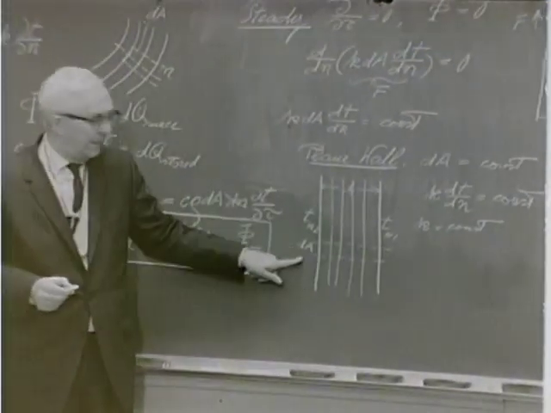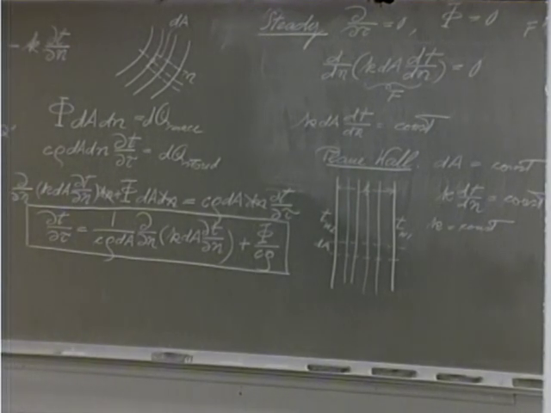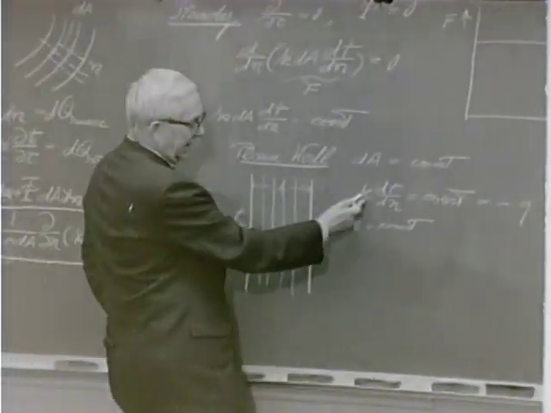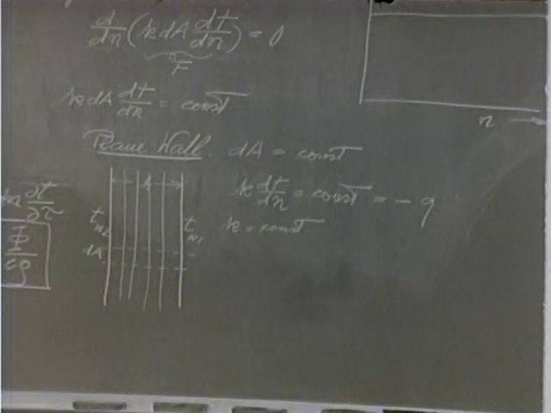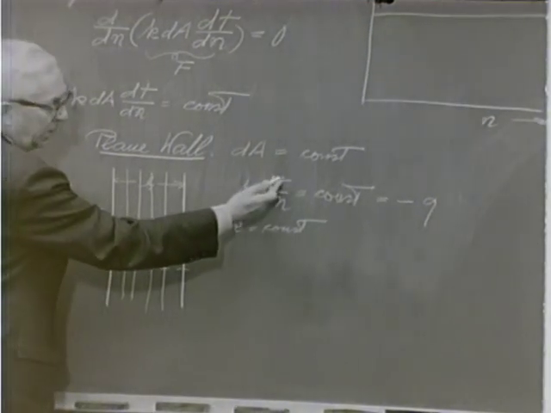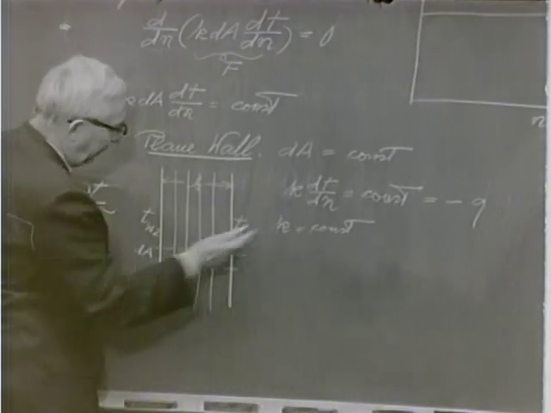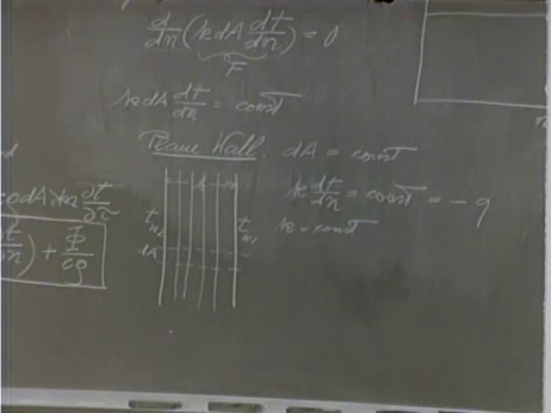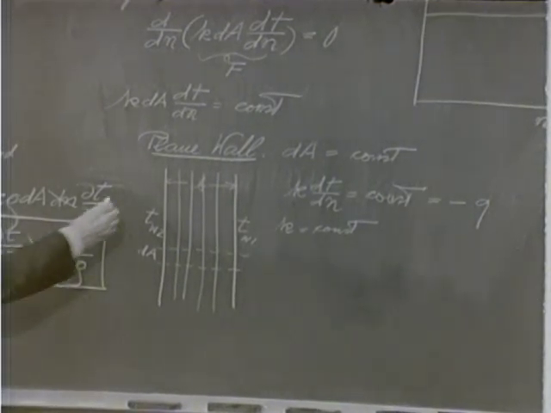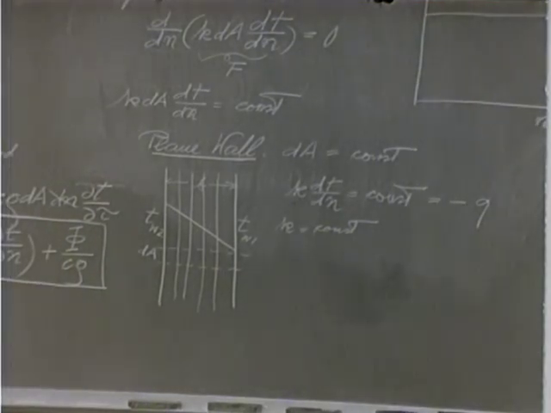Now from here we know that the dA is constant. So the k is constant. This means this is constant, so the dT/dN has to be constant too. A constant dT/dN means that the temperature drop or temperature increase, whatever it is, per unit length in the direction normal to the wall is the same at each location, is constant. And this means the temperature has to drop in a linear way in the wall.